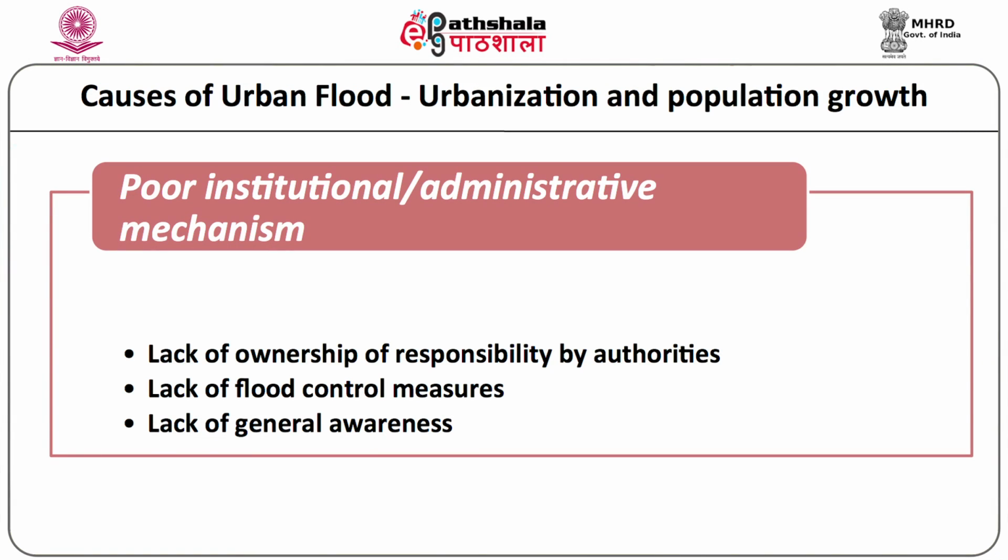To address the concern of urban flooding, coordinated tasks by multiple authorities need to be carried out. Lack of ownership responsibility by authorities is a major reason. Lack of flood control measures and general awareness is also a very important factor in dealing with urban flooding issues.